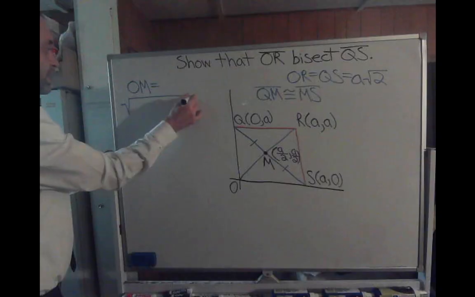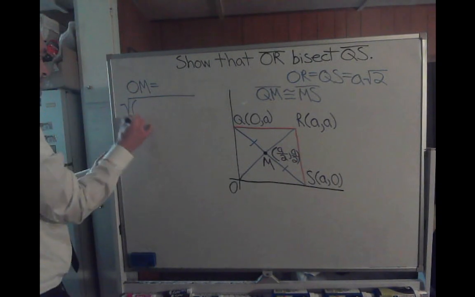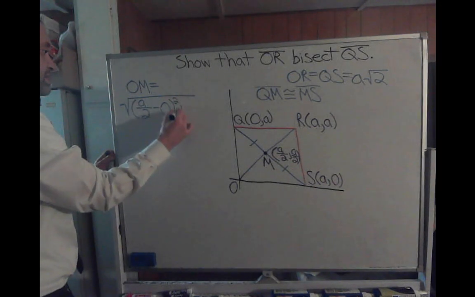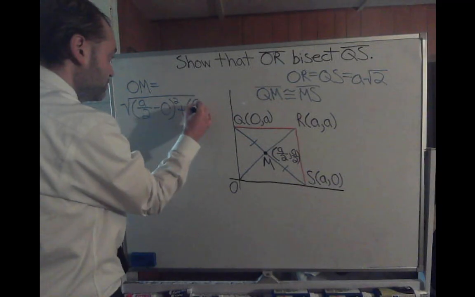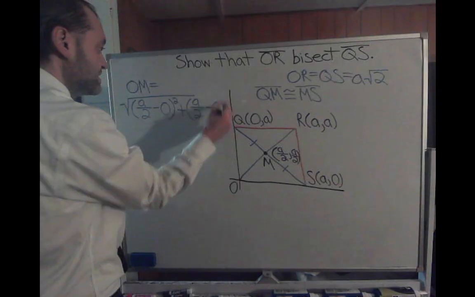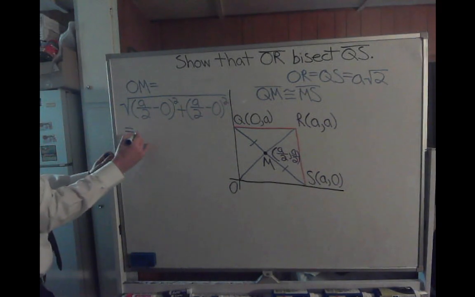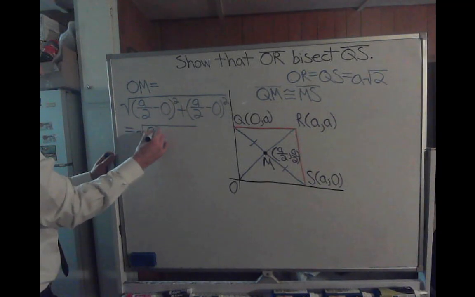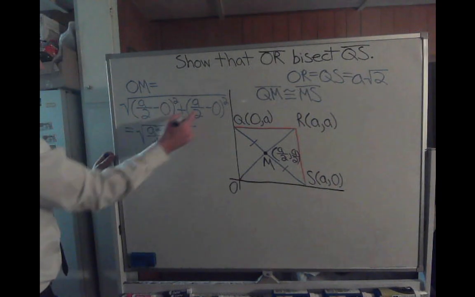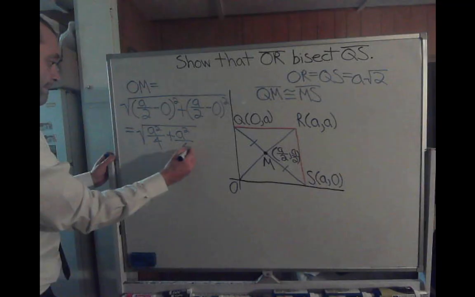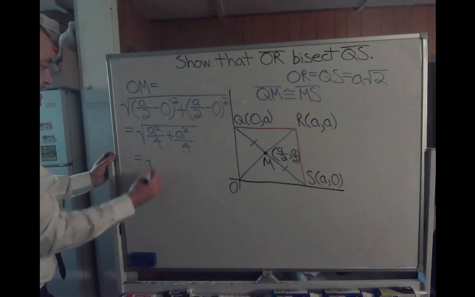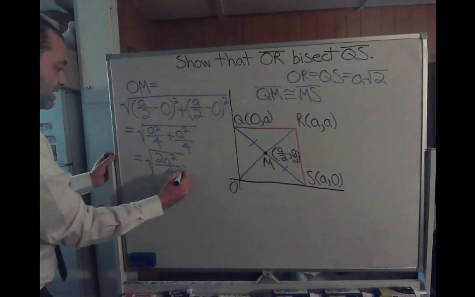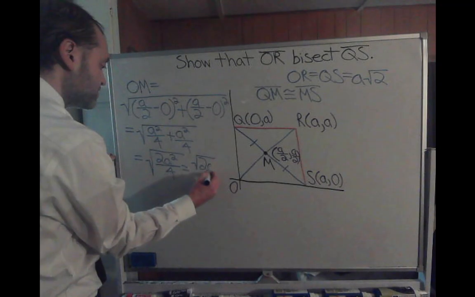Of course, you'll take your x2, which would be, again, a over 2 minus 0 raised to the second power plus your y2 of a over 2 minus 0 raised to the second power, which then would give you a over 2 to the second power, which would turn into a squared over 4, plus another a squared over 4, which would give you the square root of 2a squared over 4, which separates into the square root of 2a squared over the square root of 4.